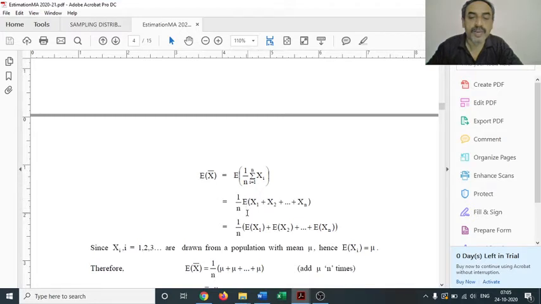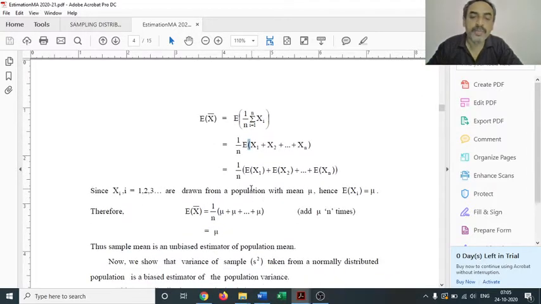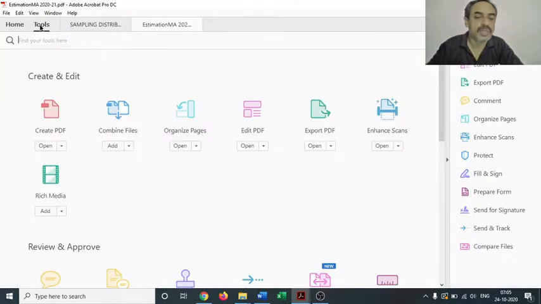That is why 1 by n into E of x1 plus x2 plus etc. plus xn. This x1 plus x2 plus etc. plus xn is obtained by expanding the summation operator. Now we have another property in expectation that expectation of a sum is sum of expectations. That is, E of x plus y is equal to E of x plus E of y.